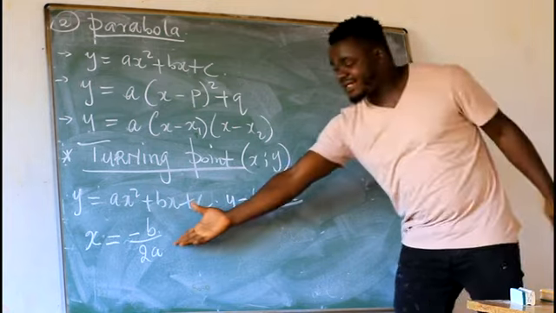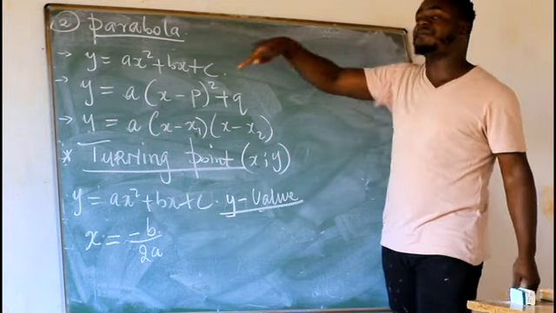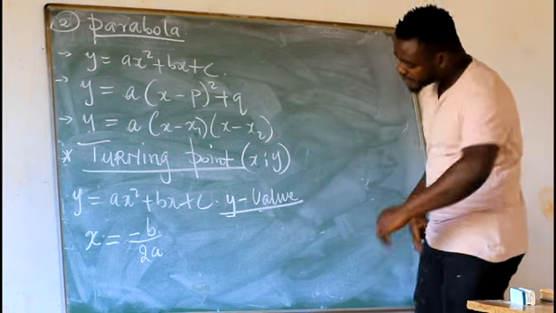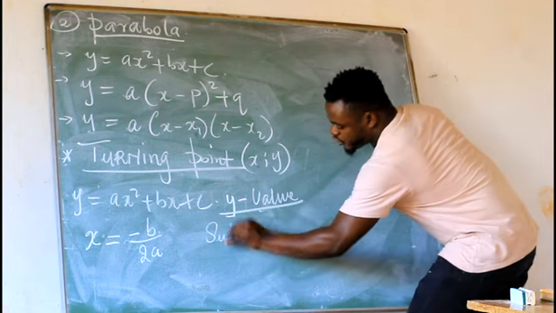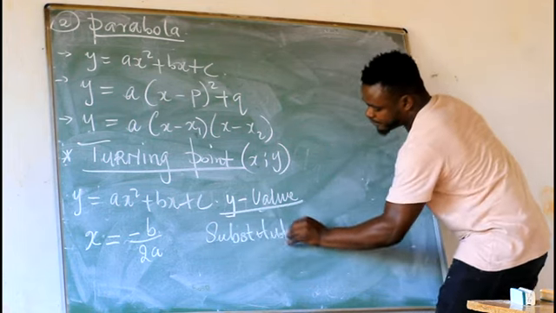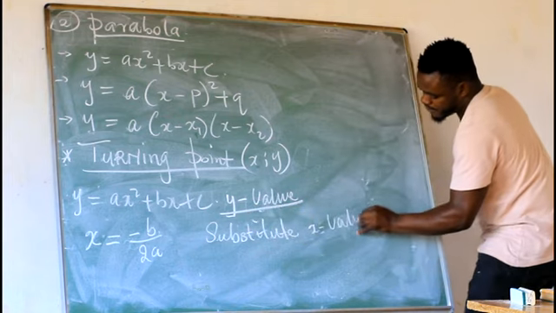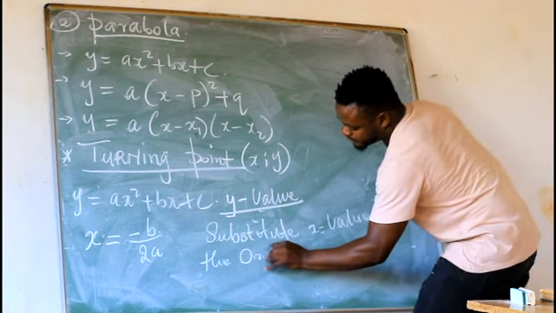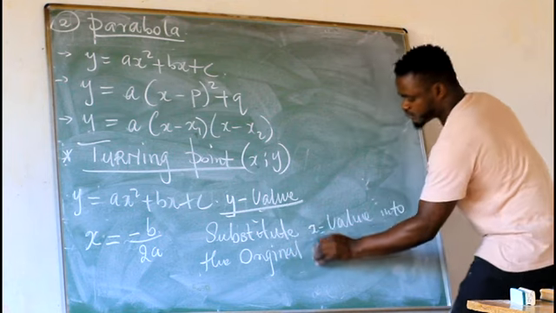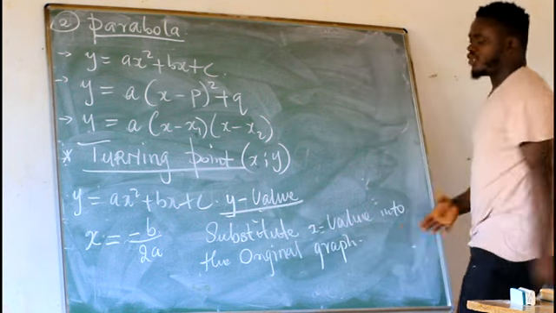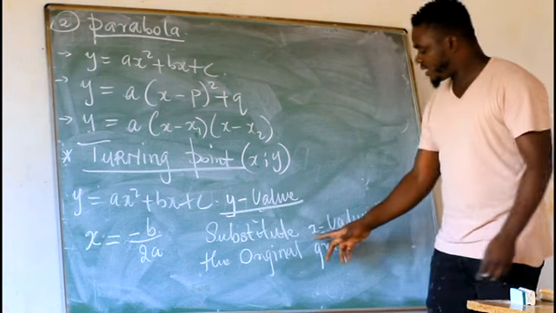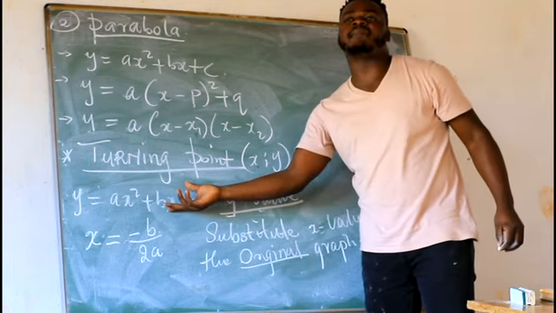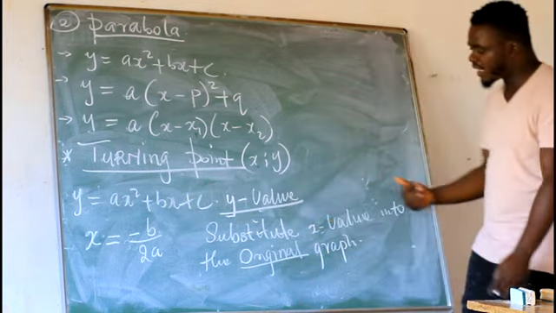Whenever you have the x value, you substitute it into the original graph, which is the graph being examined.